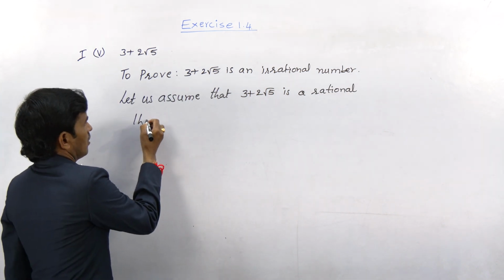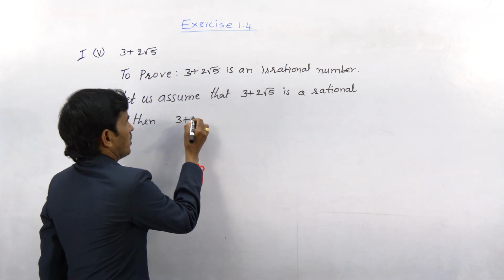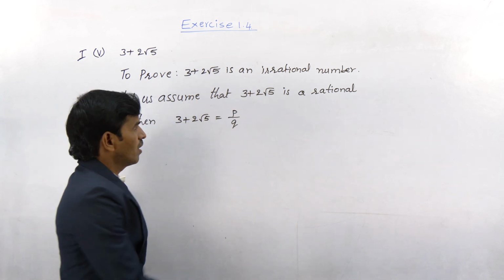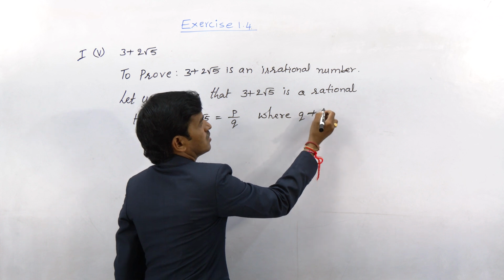Then what is the form of rational numbers? 3 plus 2 root 5 can be written as p by q, where the denominator q must not be equal to 0.